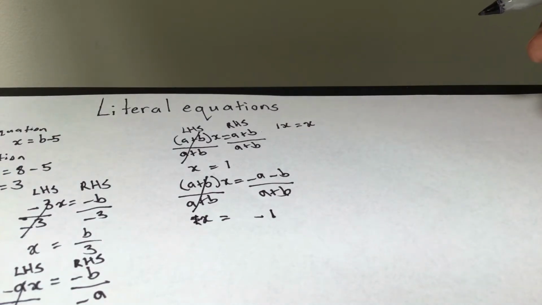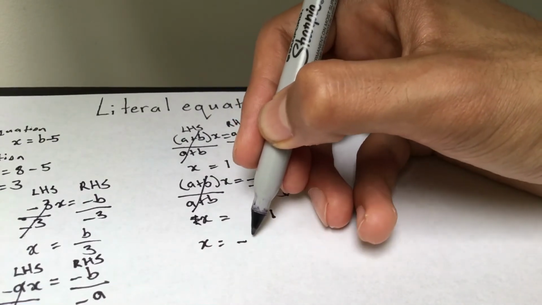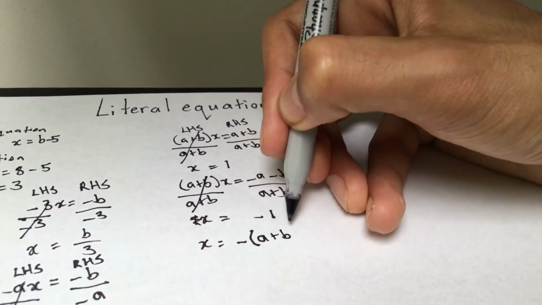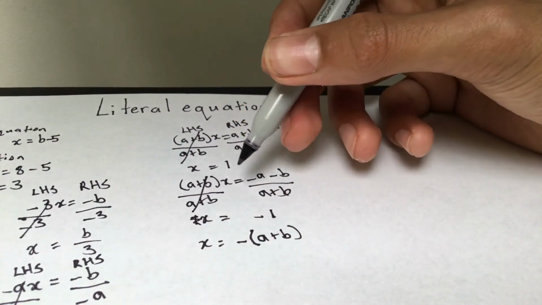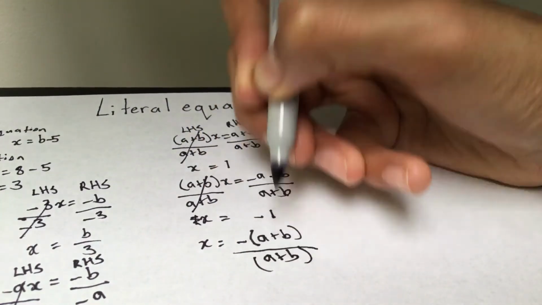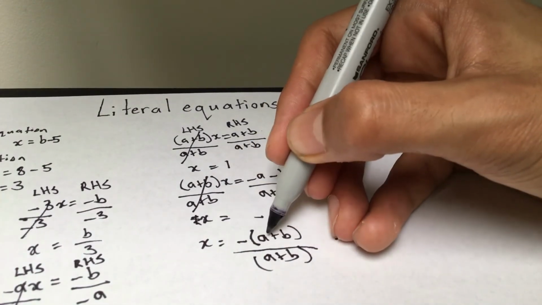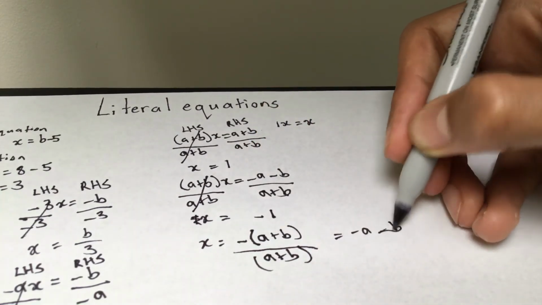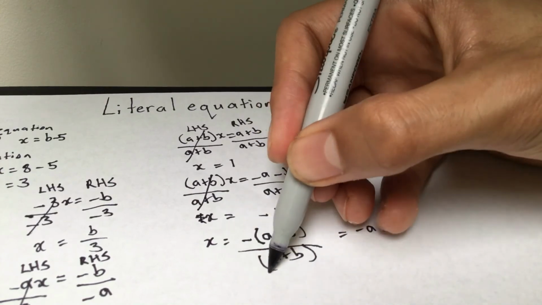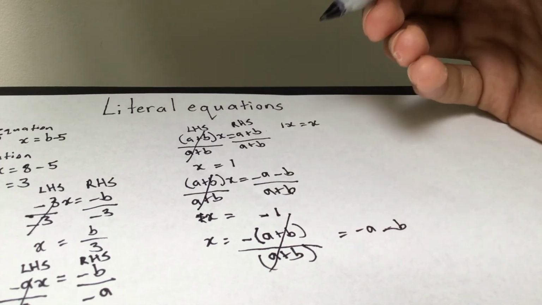For this one, you can also take out the negative first of all, put a bracket, and then write a plus b, because it makes it easier when you divide. When you expand this, you get minus a, because minus times a, and then minus times b, which is minus b, so you get the same answer, but it's easier to write it like this. So when you cancel it out, you're left with minus 1 as your answer.